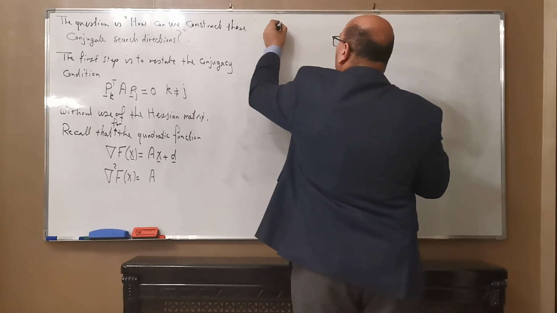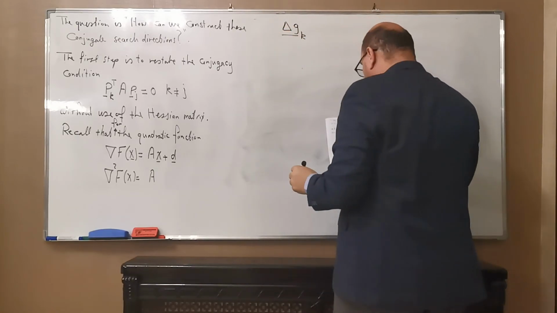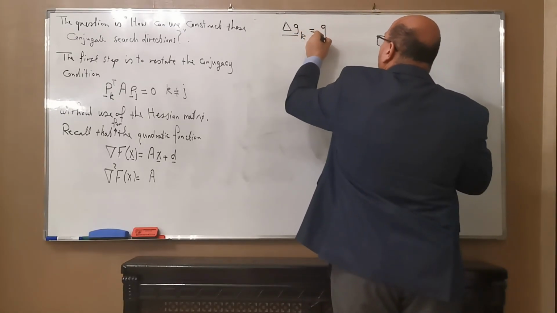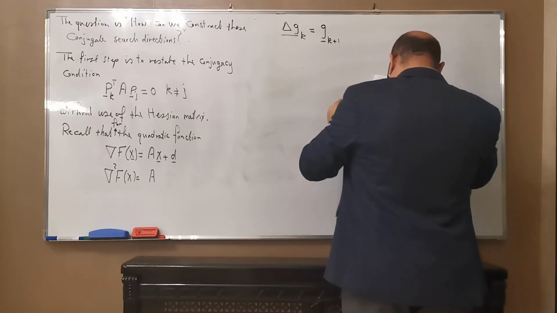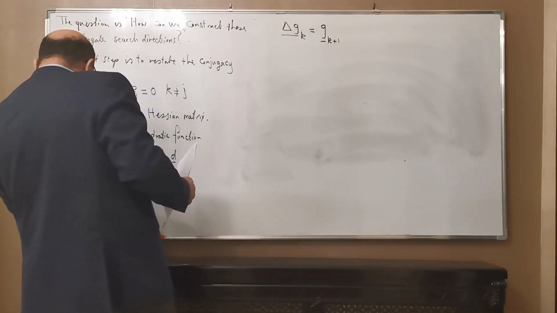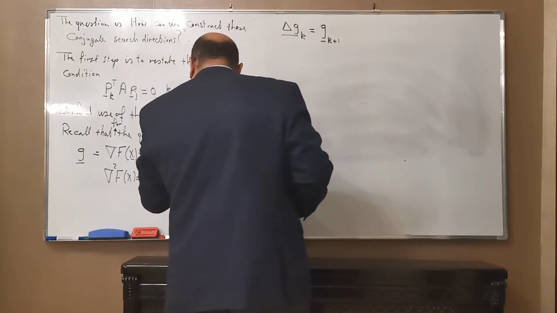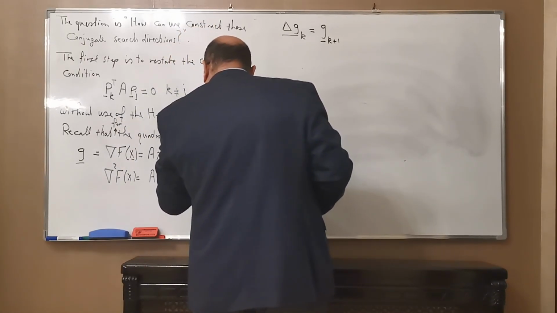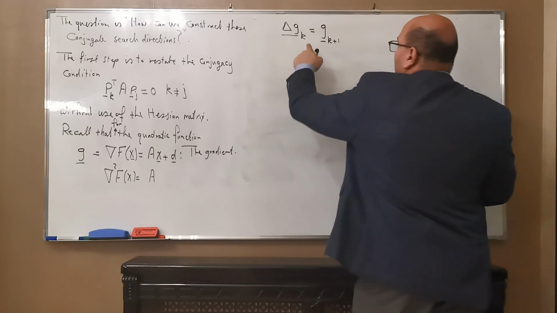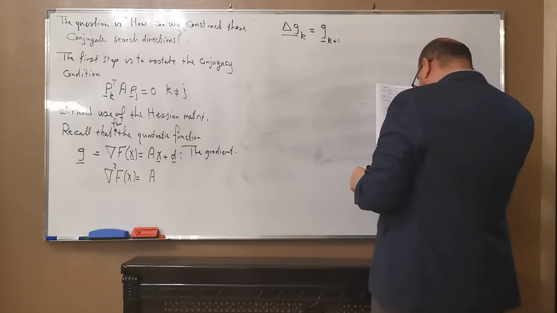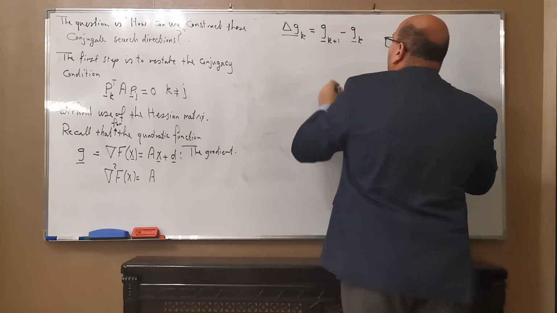So let's call delta g sub k equal to the gradient at k plus 1 minus g sub k, where g is the gradient.